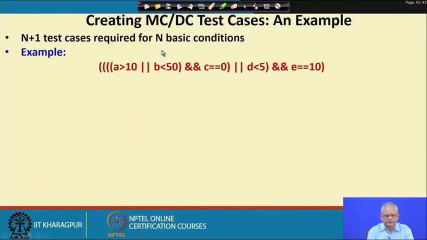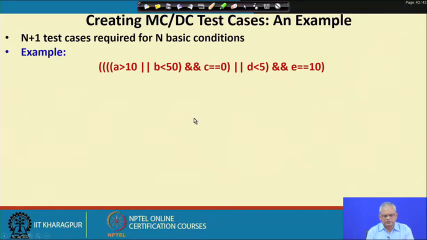And if there are 10 basic conditions or sub expressions, then for multiple condition coverage we need 2 to the power 10 which is 1024 test cases, but for MC/DC testing we need 11 test cases. We will not give any proof for n plus 1 test cases required for n basic conditions, we will just state this result.